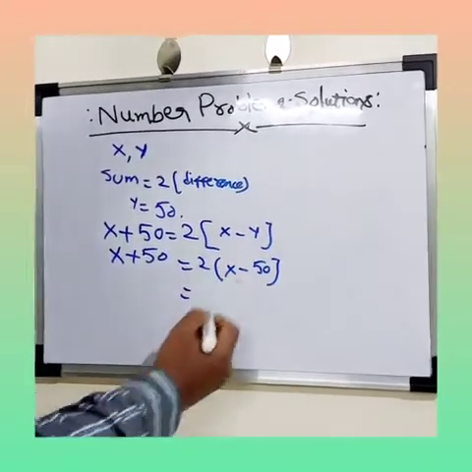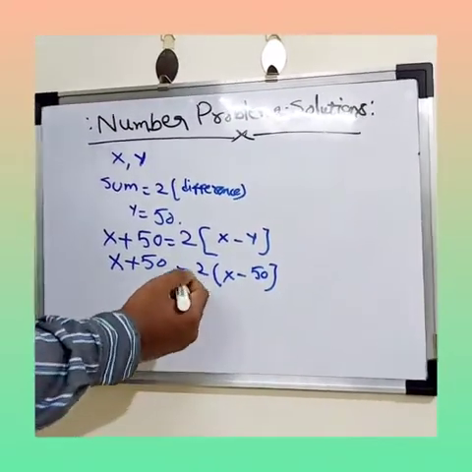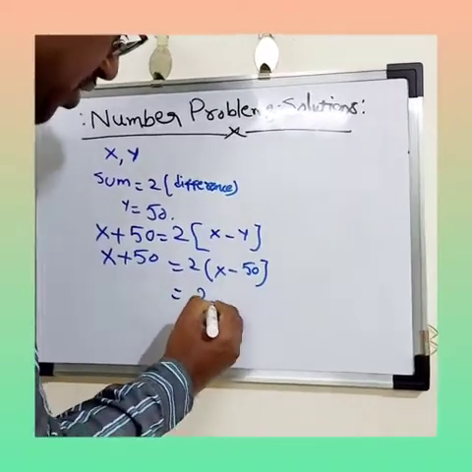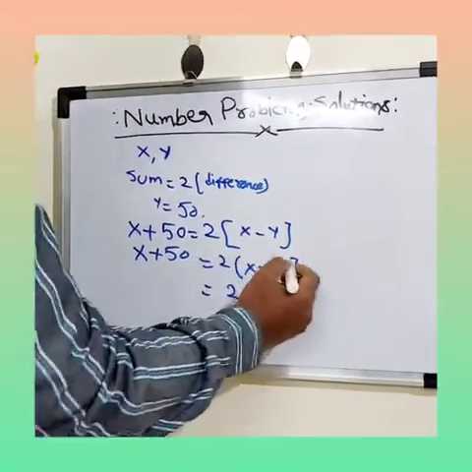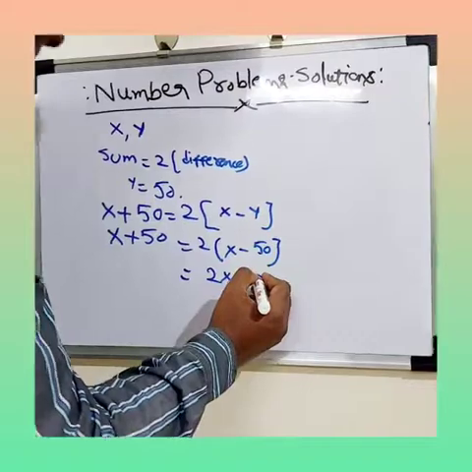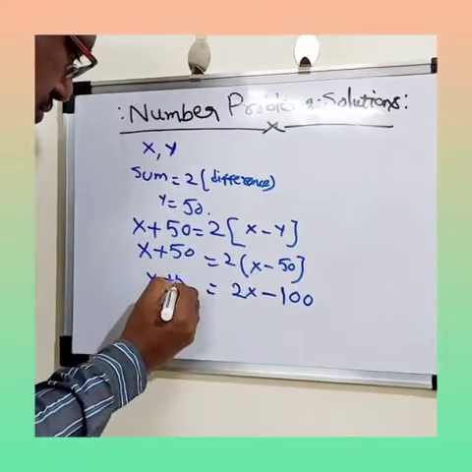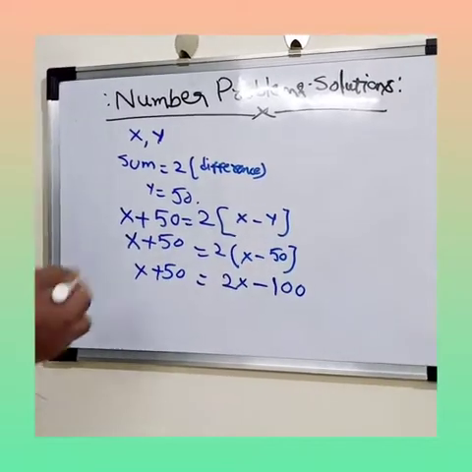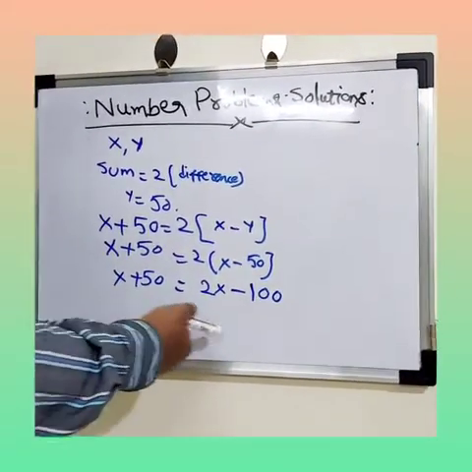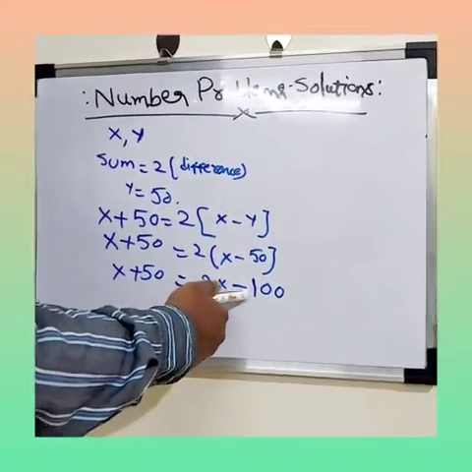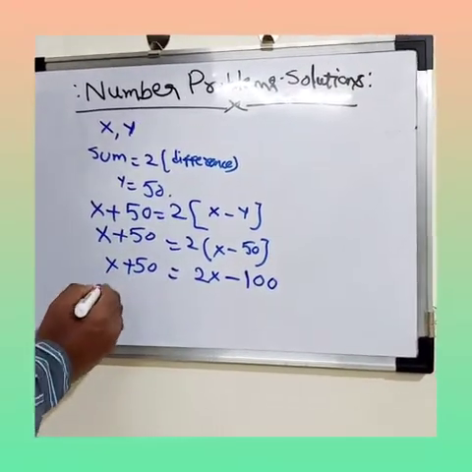What value do you get when you multiply here? 2 into x is 2x, minus 2 into 50, which is 100. Now the minus 100, when it comes to the other side, will be plus.